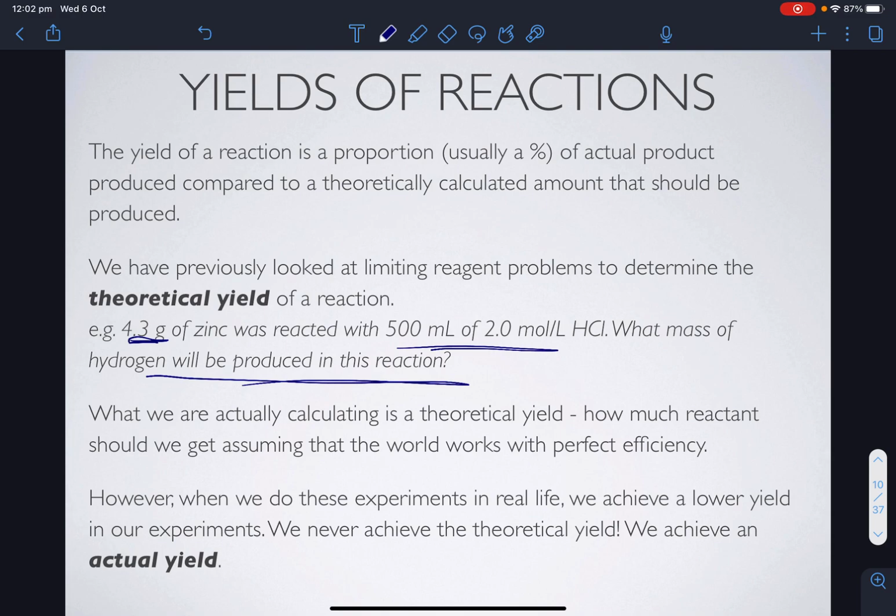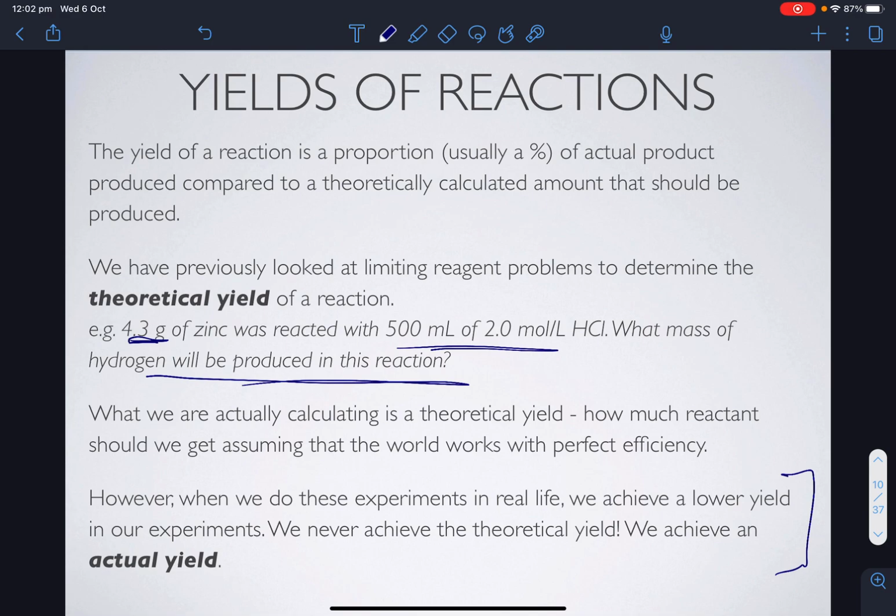However, real life chemistry is a lot more complicated than that. When you actually do take those masses and you put them together, quite often you don't get what should be produced. So what you're actually getting, if you physically do it and you weigh it out, is an actual yield.